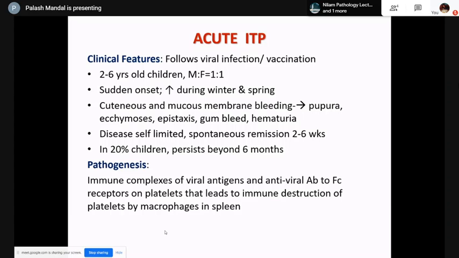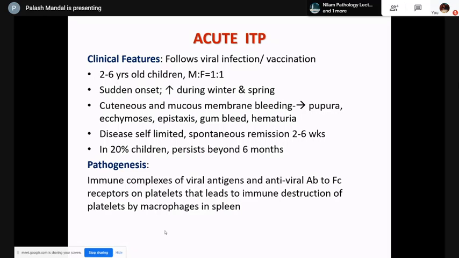Now coming to acute immune thrombocytopenic purpura, the clinical manifestations usually start following a viral infection or a vaccination. Usually the patient is a child, 2 to 6-year-old children, and the male-female ratio is almost the same.